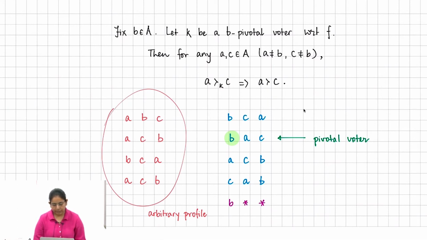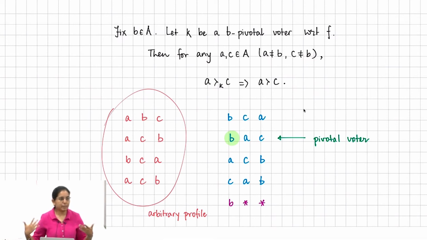Okay, so let B be the candidate that we have been working with so far. And K is our friend who is the B pivotal voter. I want to argue that the voter K is in fact what we call decisive for any pair of candidates both of whom are different from B. So what does it mean for a voter to be decisive?